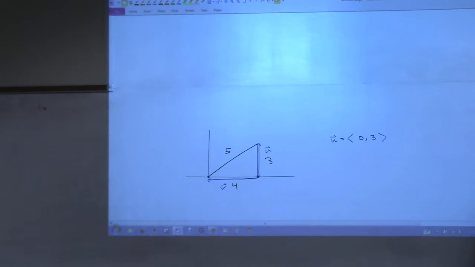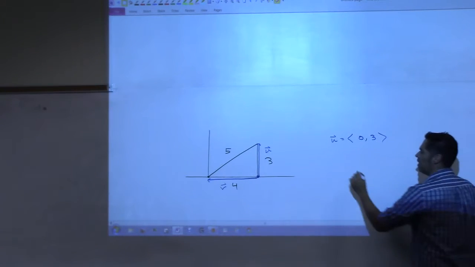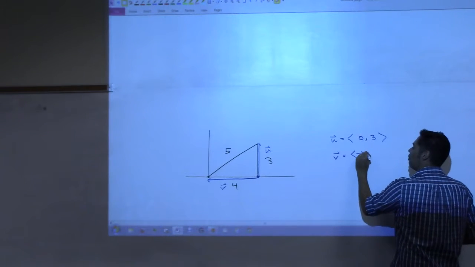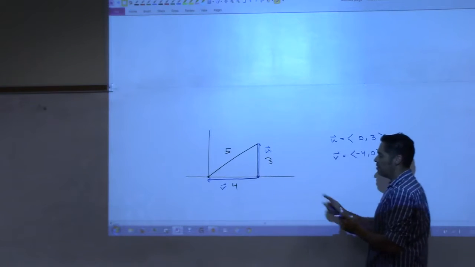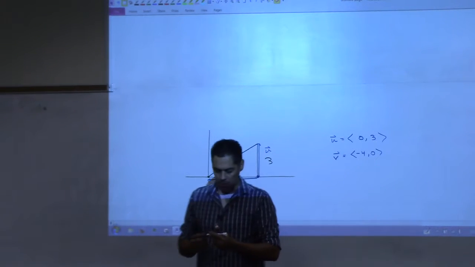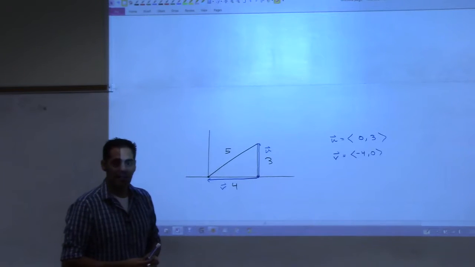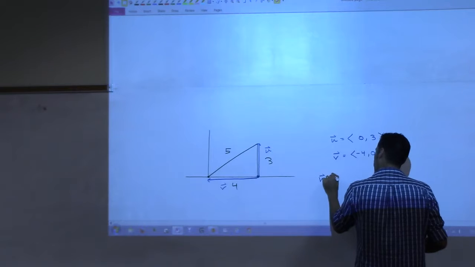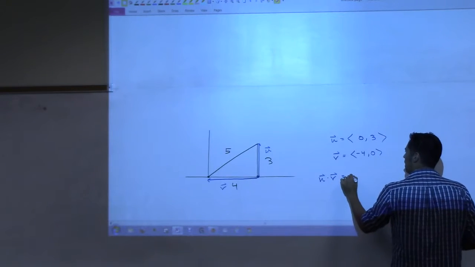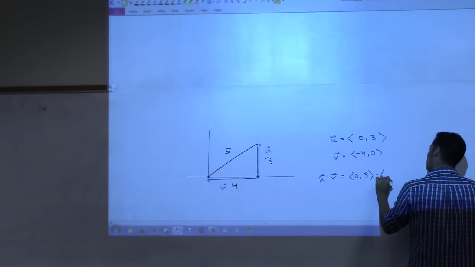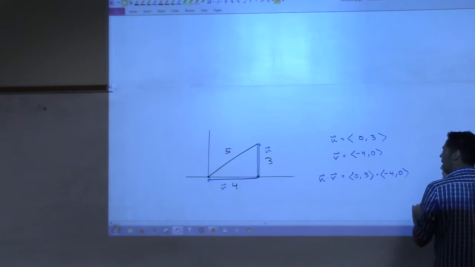Yes? Now, let's take the vector v. This is the vector -4, 0. Because you start here, it's pointed to the left 4, nothing up and down. Right? If I dot those two, if I take u dot v, then that's going to be 0, 3, dotted with -4, 0, right?